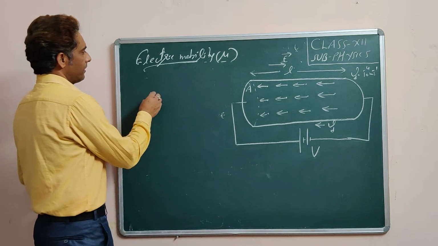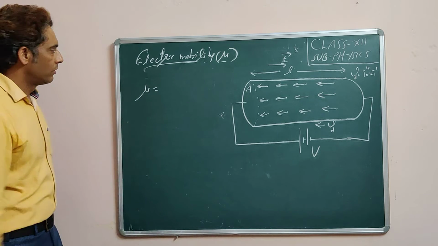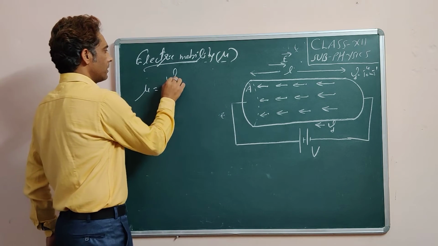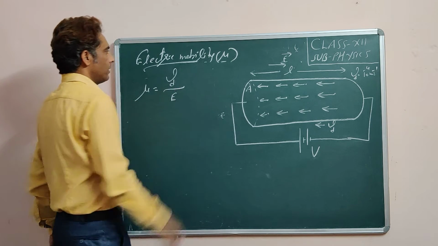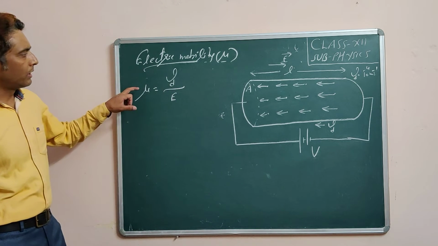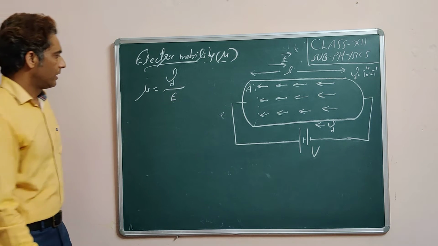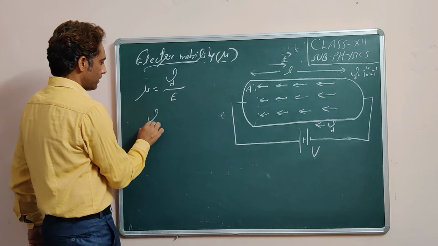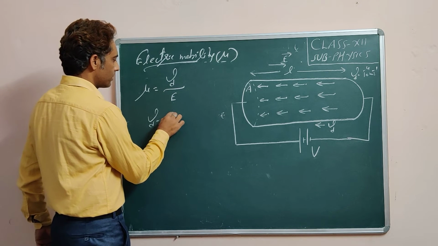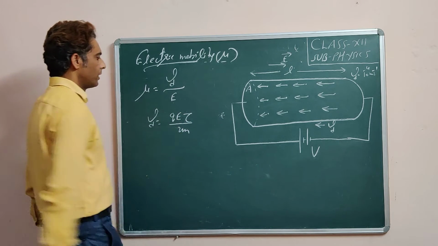So mathematically, electric mobility is equal to drift velocity per unit electric field. And we have studied the general formula for Vd for any charge, which is QEτ over 2m.